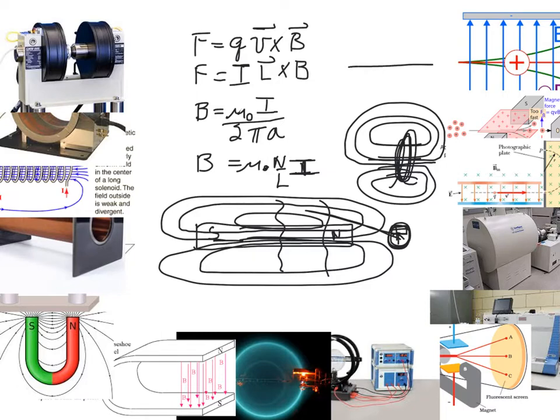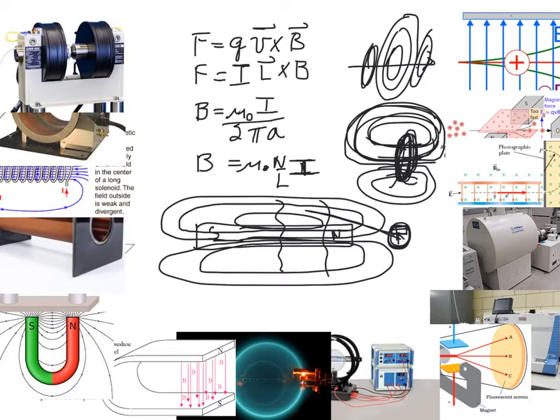So a wire carrying current has a magnetic field, which is circular loops around the wire. And if we bend a wire into a coil, then that magnetic field ends up bending in a way such that it's still circular field lines, but as it passes through the coil, it's a uniform field.